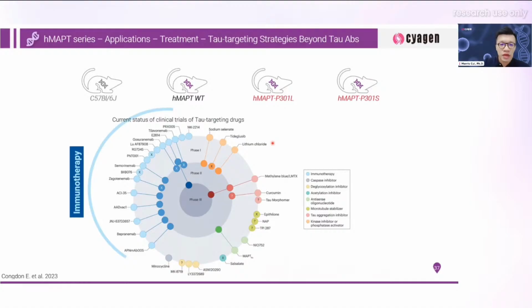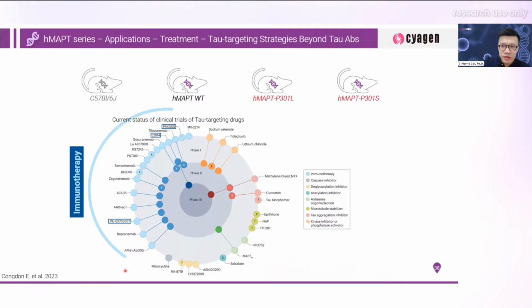However, targeting only pathological tau is an extremely difficult task. This is from literature composed in 2023, that is 2 years ago. After 2 years, only very few treatments continue to the phase 1 or phase 2 trial, and others just diminished in the process.